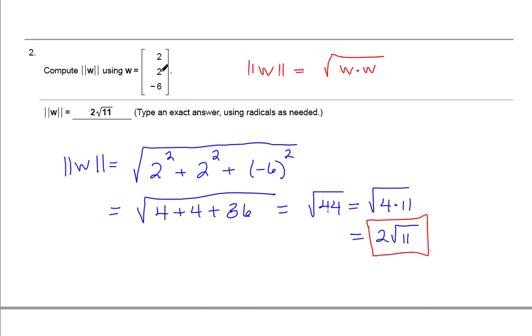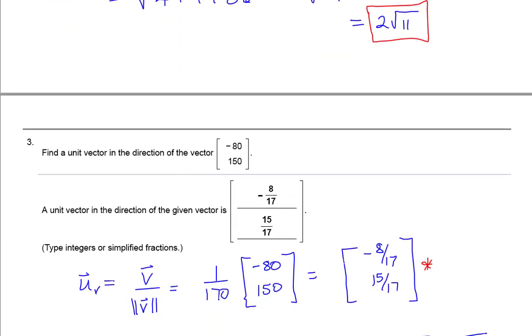And so 2 squared minus 6 squared. And so I've got 8 plus 36, so square root of 44. And so I can factor a 4 out of that, and the square root of 4 is 2. So again, to find the magnitude or the length of the vector.